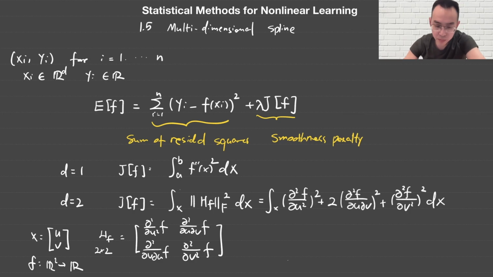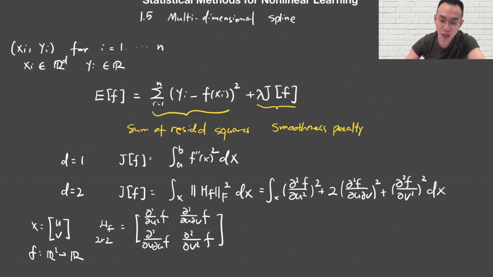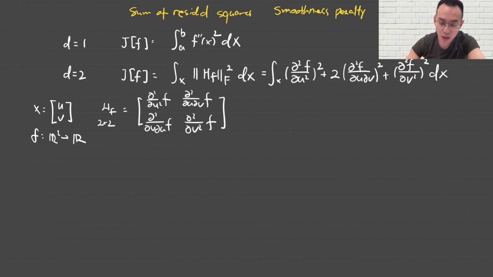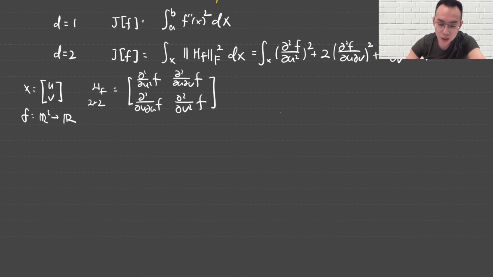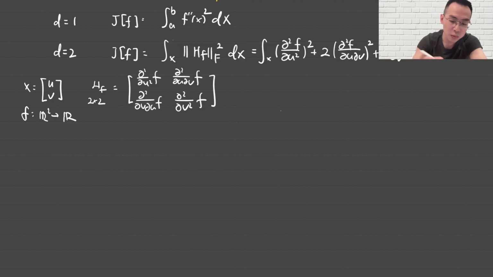Okay, so actually this spline function can be generalized into any dimension, and sometimes we want to even penalize higher derivatives of the function. So this gives us the most general case.